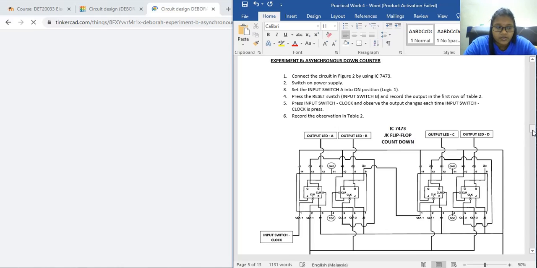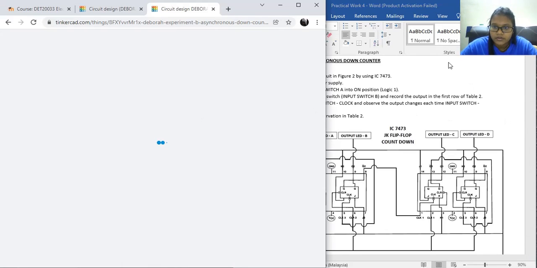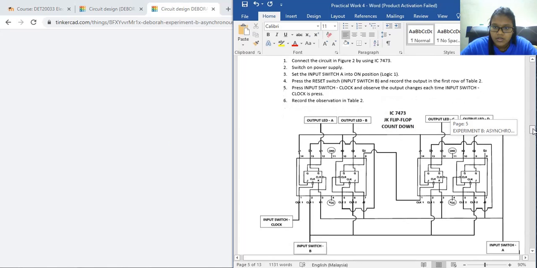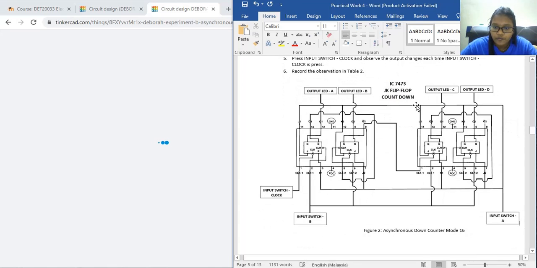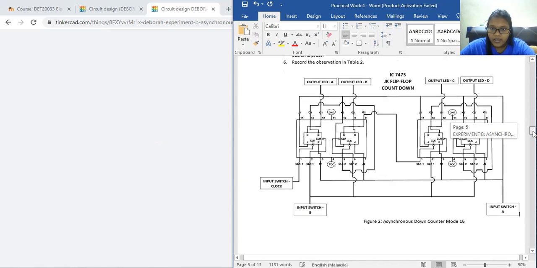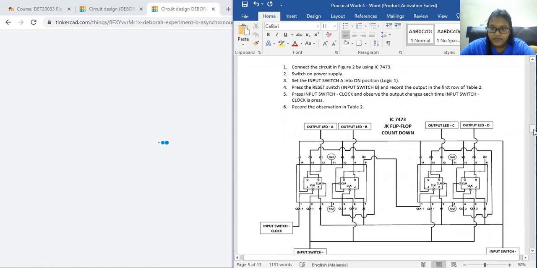It will be like a decreasing amount: first it will increase, then it will decrease, and it will rotate. So this is the figure for the asynchronous down counter, which is experiment B. In this experiment I've used two dual JK flip-flops.